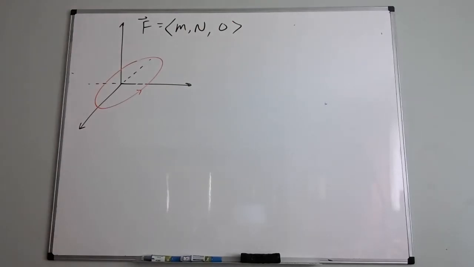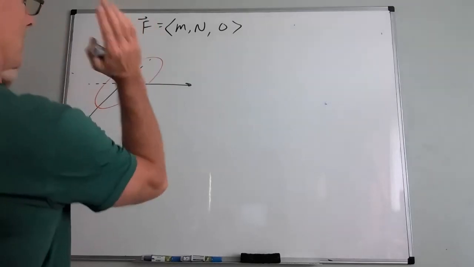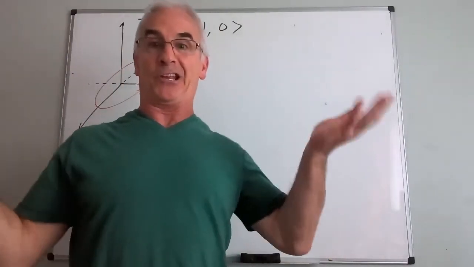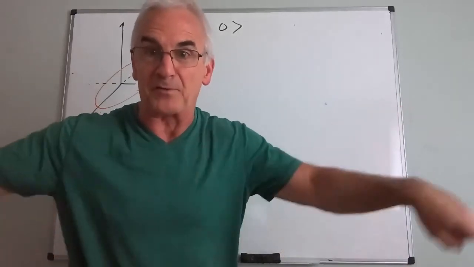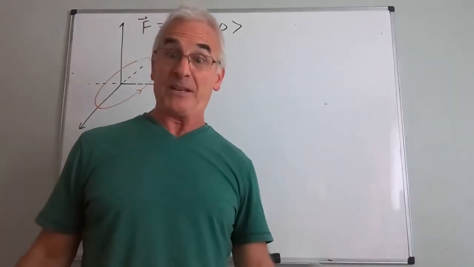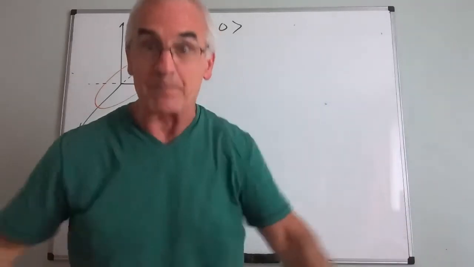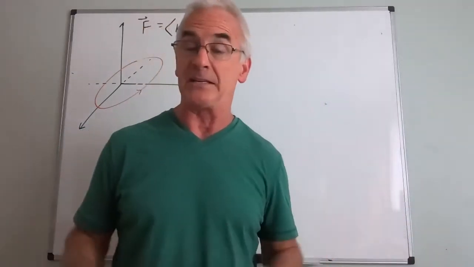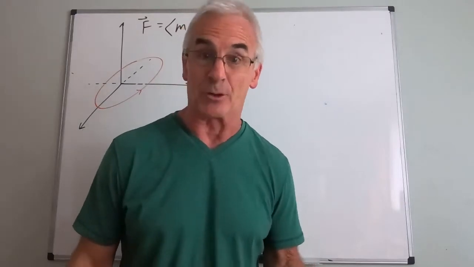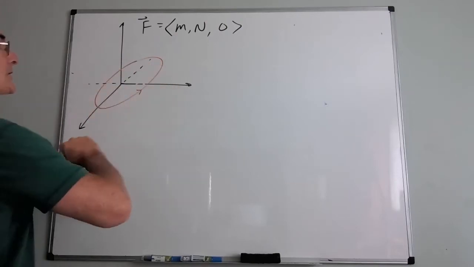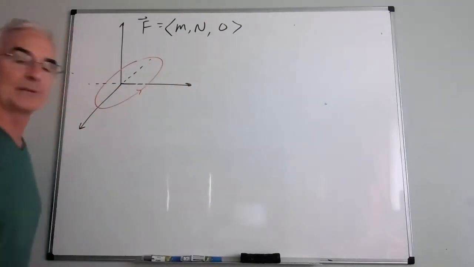My force has no vertical component. That'd be kind of like I'm standing in a 3-dimensional world, but my floor still looks like two dimensions. My floor looks like my xy plane, even though I'm in 3D. My floor has 0 z component. So I'm in 3D, but my path is completely on the xy plane.